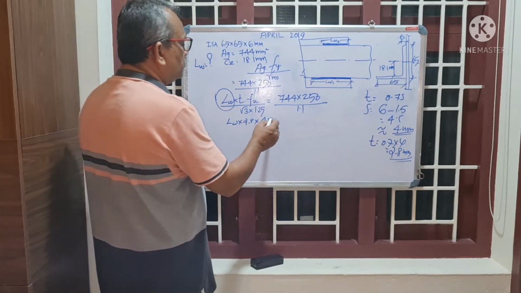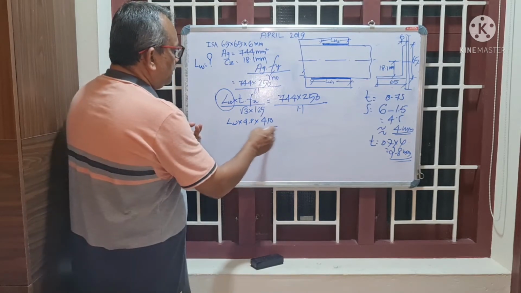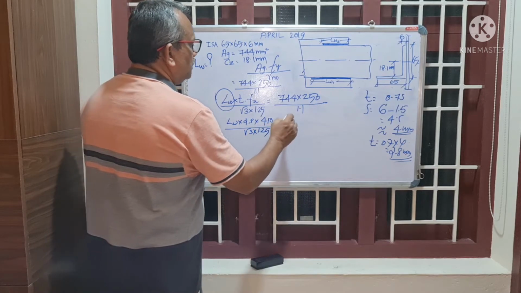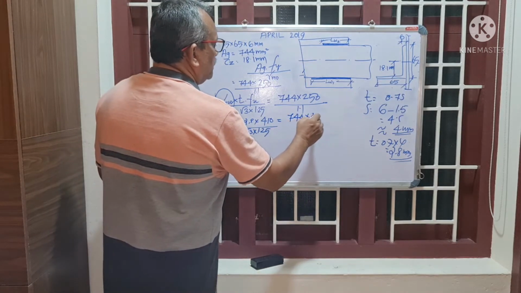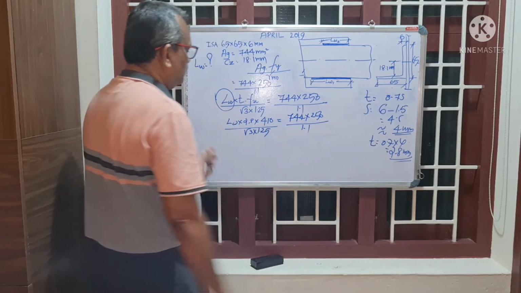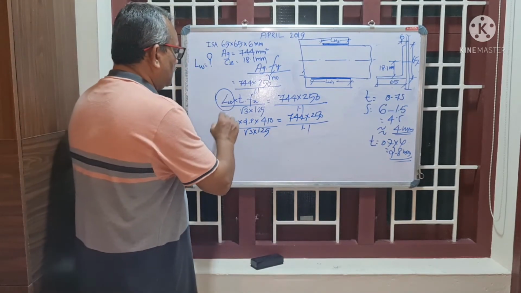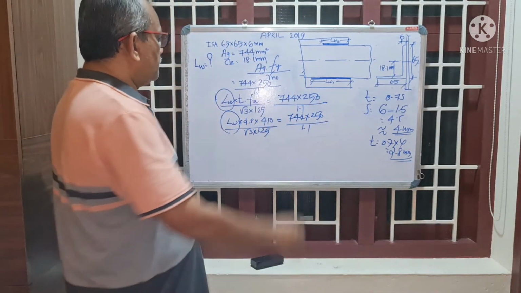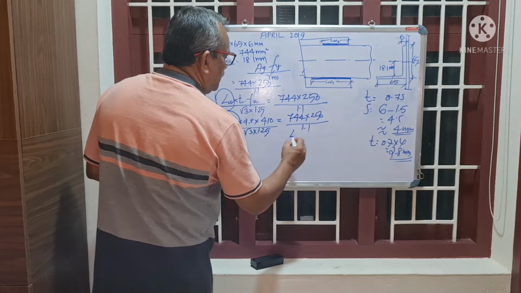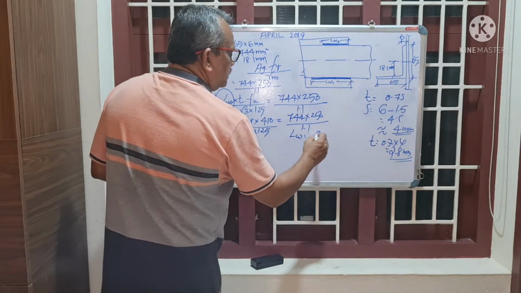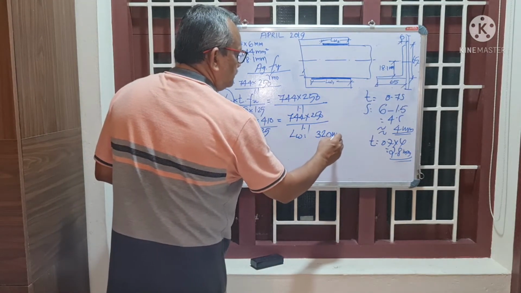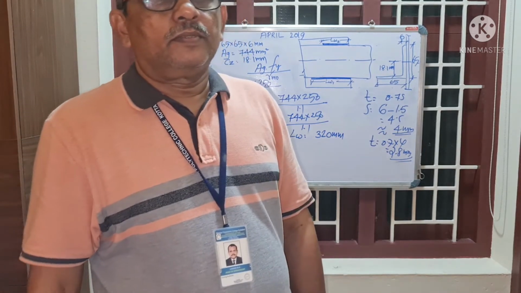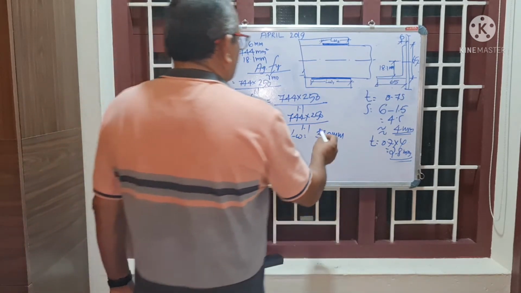So fu is equal to 410 Newton per mm squared, divided by root 3 into 1.25, equal to 744 into 250 divided by 1.1. So here the only unknown is LW, the length of the weld. Right? By solving this, you will get LW equal to 320 mm after rounding. The total length of the weld is equal to 320 mm.